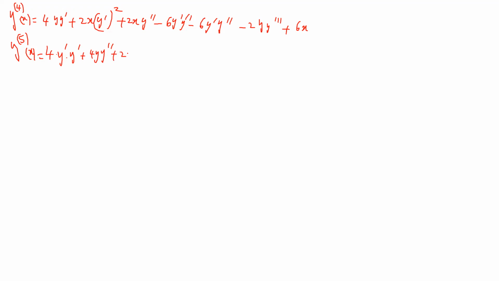The derivative of x is 1, we keep y' squared constant, plus 2x. By the chain rule, now we have a power to differentiate: you bring down the power, subtract 1 from the power, then multiply by the derivative of the interior function. The interior function is already y', so the derivative is going to be y''.